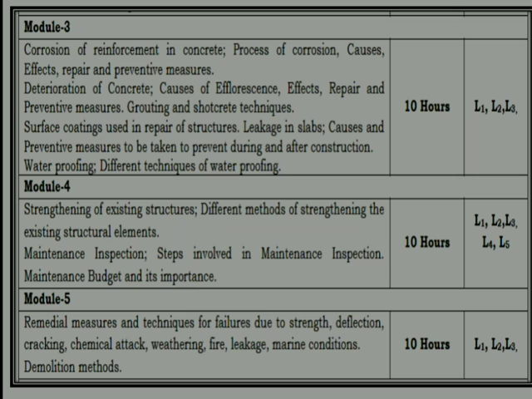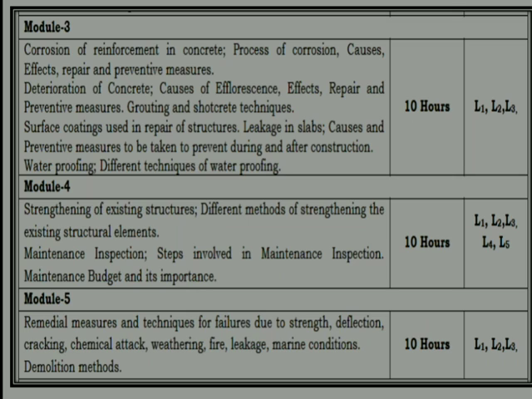Then we will study the effects, repair and preventive measures with respect to various deteriorations which can be caused in concrete. Then we will study the surface coating methods used for repair. We will study waterproofing, different techniques used in waterproofing, etc., in module number 3.